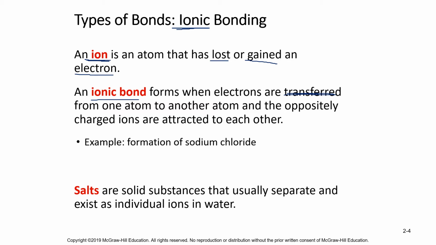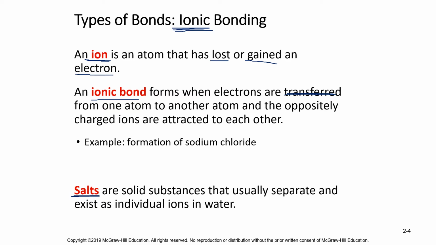And compounds that are held together by ionic bonds, so ionic compounds, all of them are salts. You're most familiar with table salt, but if you look sometimes at active ingredients in drugs, it'll say sodium acetaminophen or something to that effect for the active ingredient.